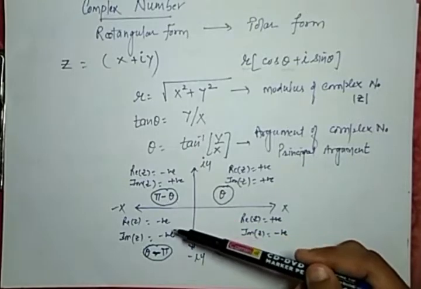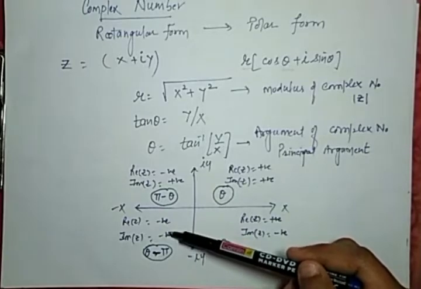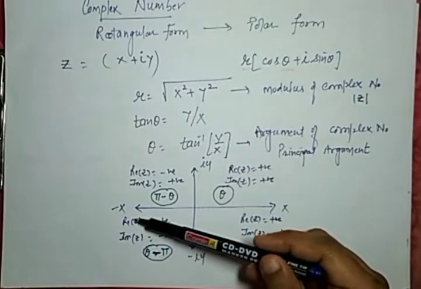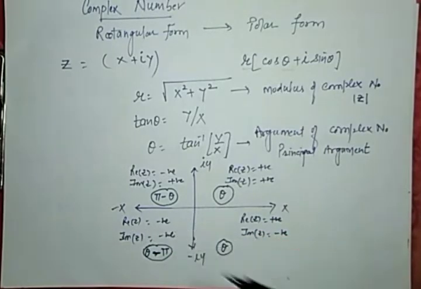Now comes the third quadrant, where x is negative as well as the iota y component, or we can say the real part of z is negative and the imaginary part of the given complex number is negative. In that case, the principal argument will be theta minus pi. Remember, it is theta minus pi.